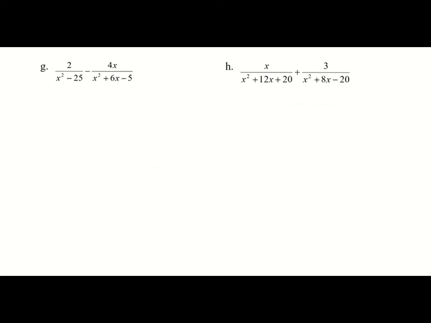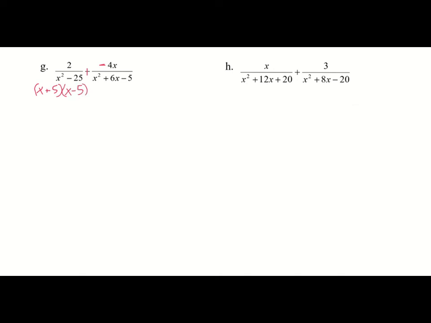Okay, so now for G, we have two denominators that need to be simplified to find the LCD. Again, it's subtraction, so the first thing I want to do, so I don't forget to distribute that negative, is make that plus a negative 4x. So do addition of the opposite. Now, for my first denominator, when I factor x squared minus 25, hopefully you're like, oh, that is x plus 5 times x minus 5.